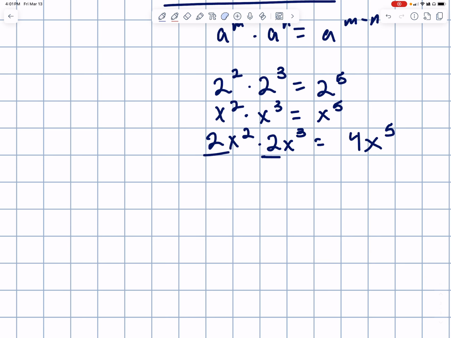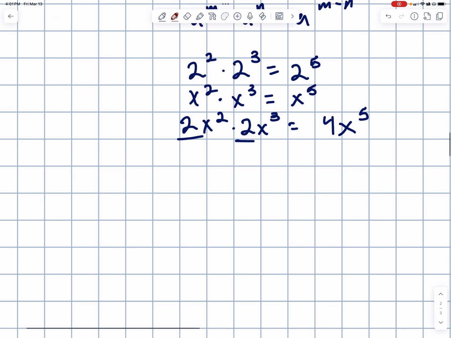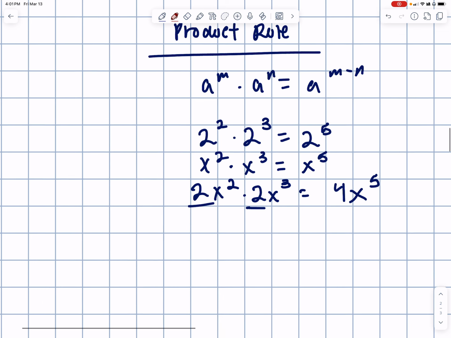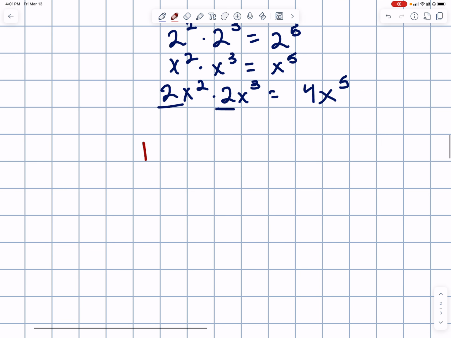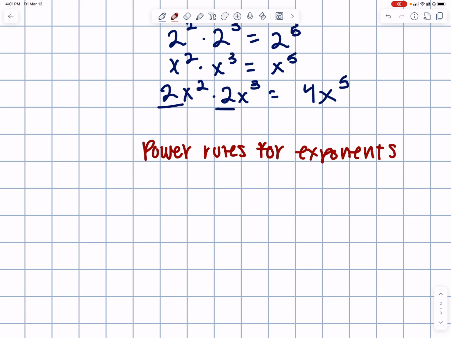Moving on, we're going to go into power rules. Okay, I know it's a little confusing because we just went over product rules for exponents. Now we're going to go into power rules for exponents. Power rule for exponents.